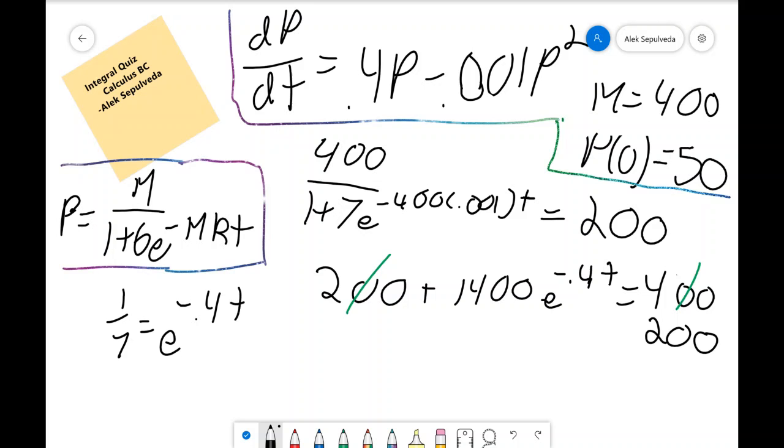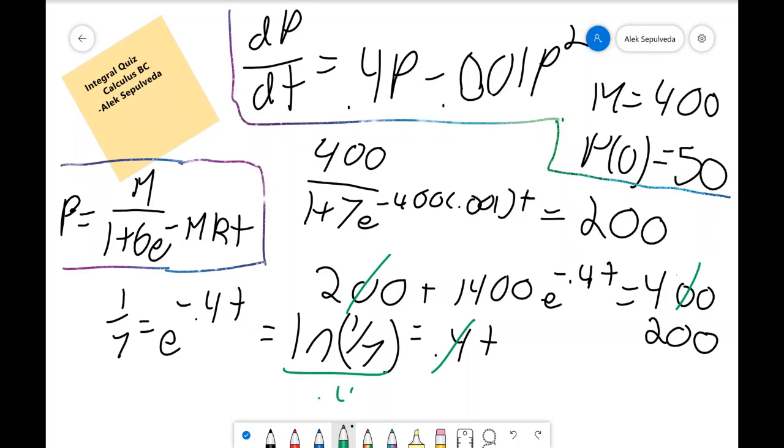What we can do here is use a natural log on each side. So we end up with ln of 1 over 7 is equal to negative 0.4t, and then divide by negative 0.4.